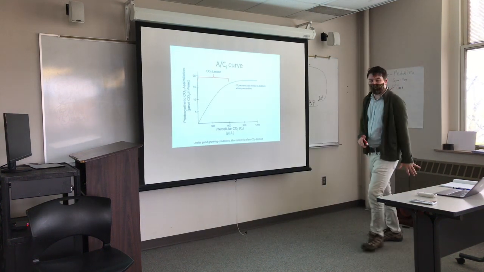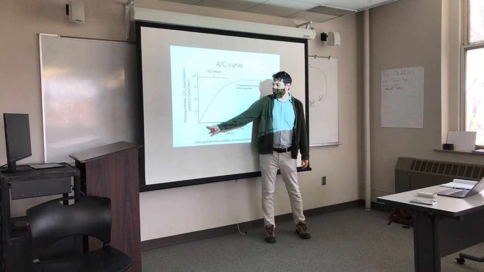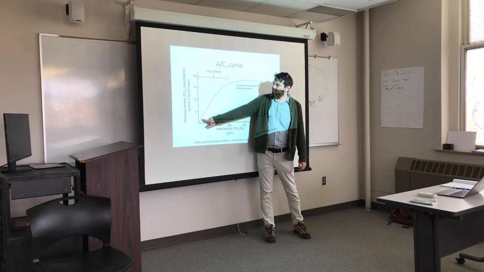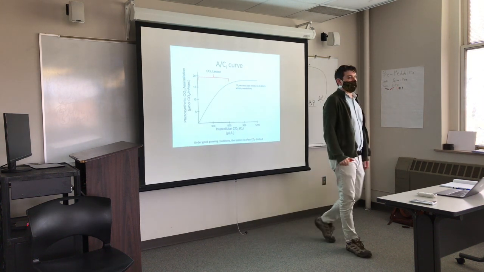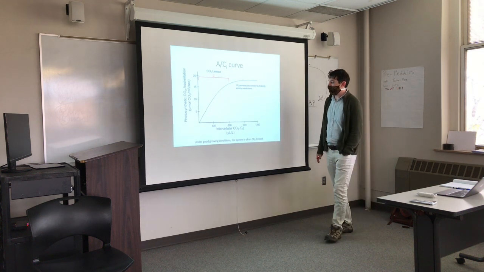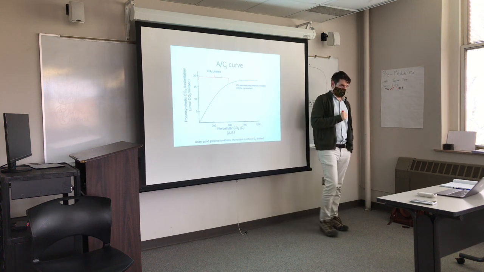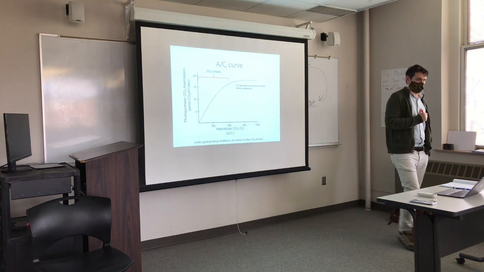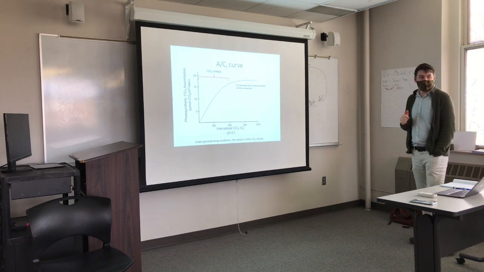And the curve looks somewhat similar. Here, as long as CO2 concentrations are low in the leaf, the rate of photosynthesis is limited by the availability of carbon dioxide. More CO2, more carbon assimilation. And eventually, once again, it starts to what? What happens up there? CO2 saturated.